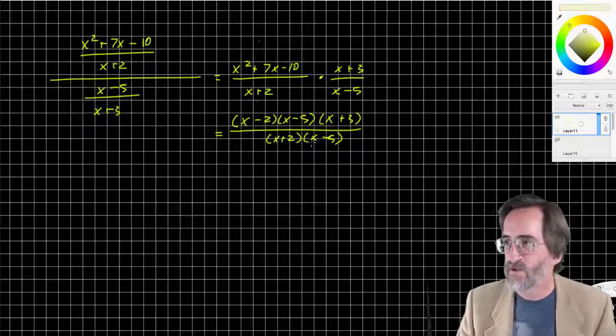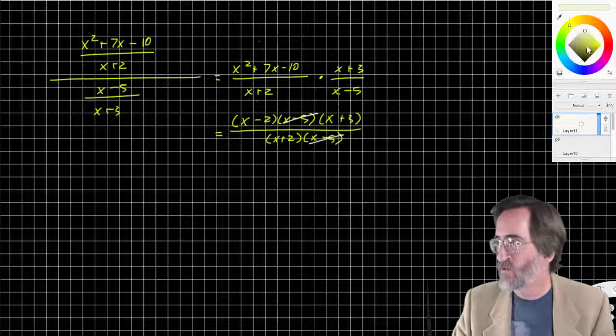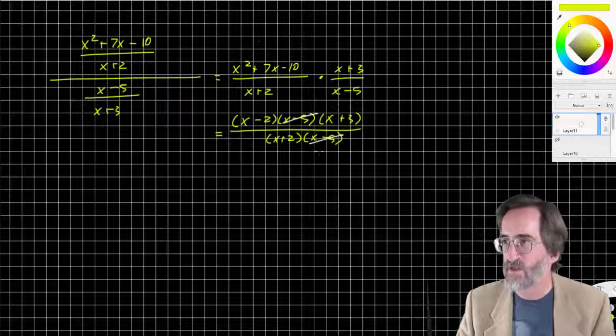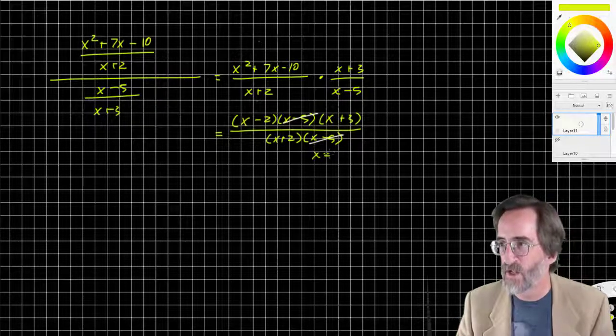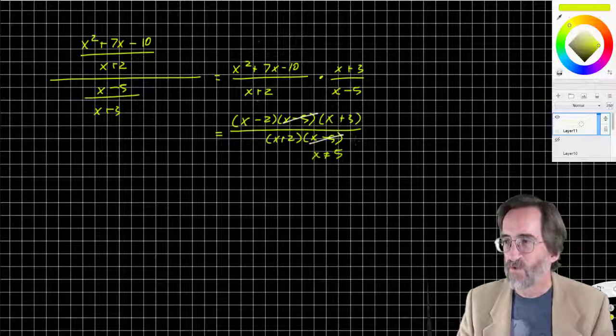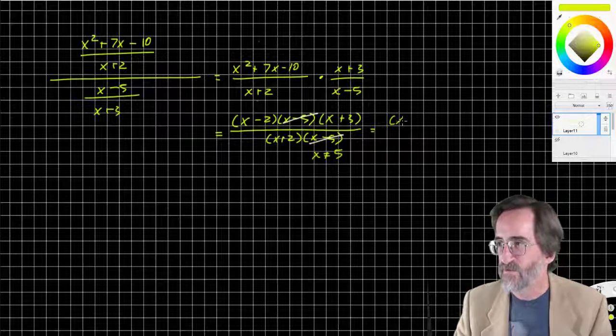When you cancel, they don't always do this in the book, but it is important to recognize that we can't cancel 0, so x cannot equal 5. Okay? So when we cancel, we add the caveat that that is a domain restriction. Okay, and this then is x minus 2, x plus 3 over x plus 2.